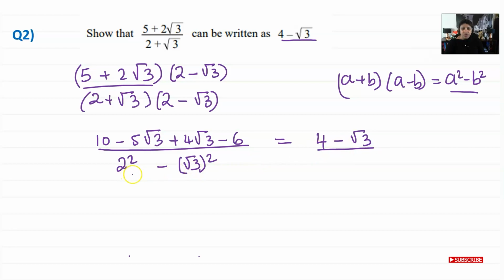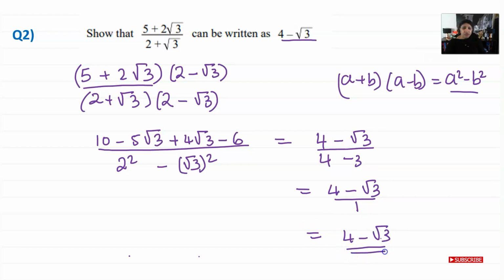Divide by 2 squared, which is 4, and root 3 squared is 3, take away 3, so the denominator is 1. This gives you 4 take away root 3 over 1, which is 4 take away root 3.